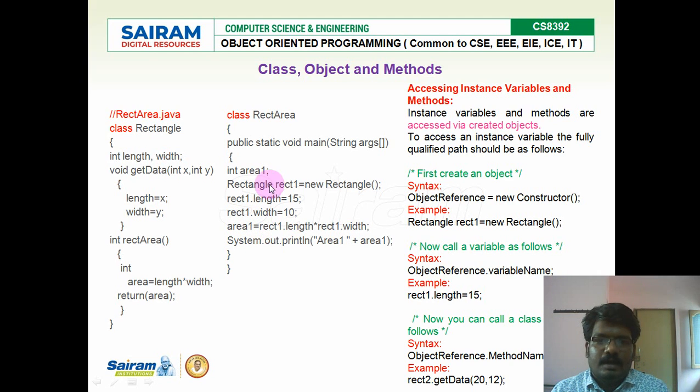So here the class is created, the method was defined inside the class, the object was created by using the new keyword, and the member variable can be accessed with the dot operator. That is about classes, objects, and methods. How to create a class object: class name, space, object name, new keyword, Rectangle, as we discussed in the last class.